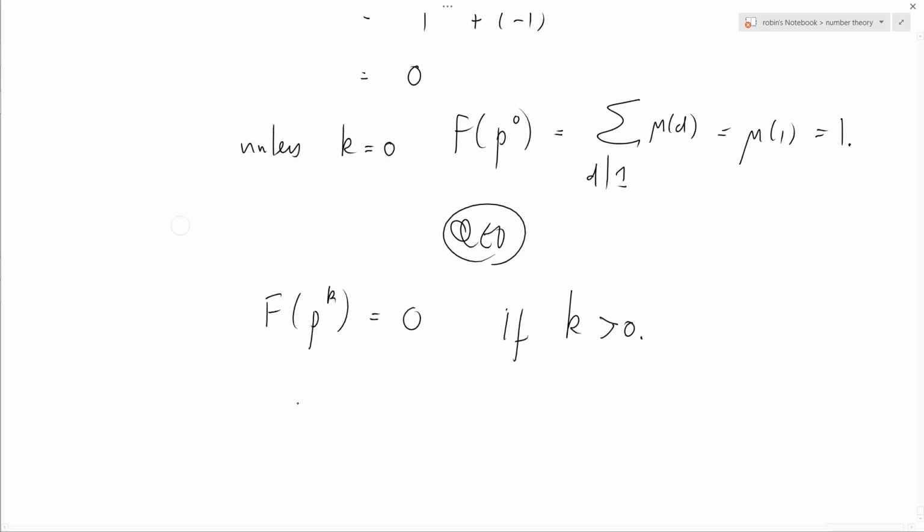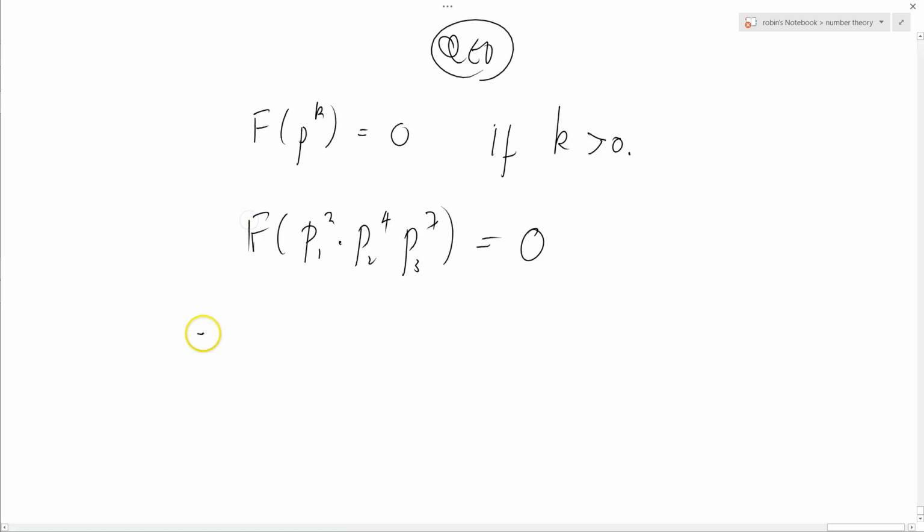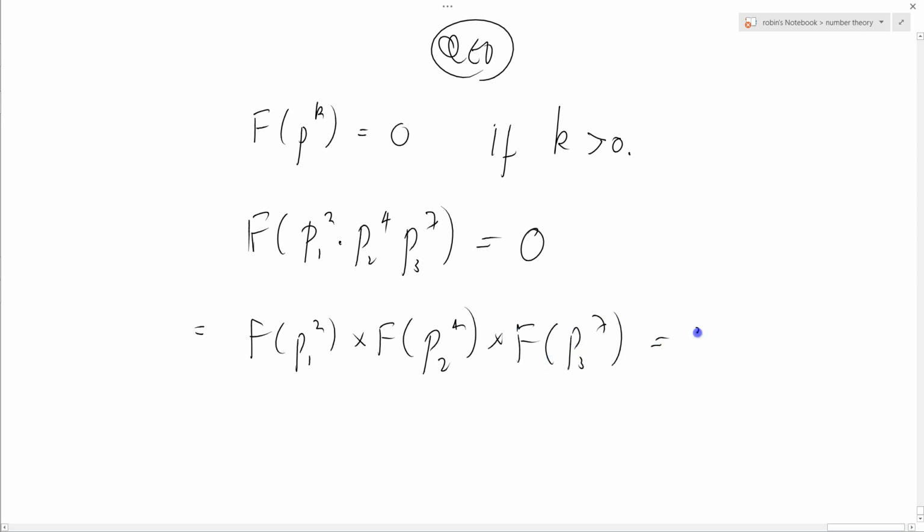So if we wanted to work out what f of, let's say, p1 squared times p2 to the power 4 times p3 to the power 7 equals, well, that equals 0 because this equals f of p1 squared times f of p2 to the 4 times f of p3 to the 7 equals 0. So there it is, and I'll use that in the next screencast.